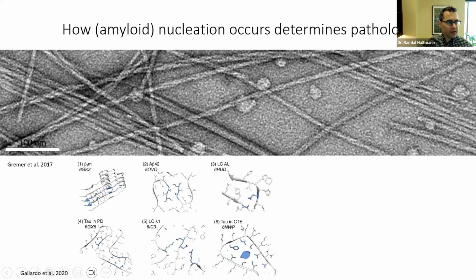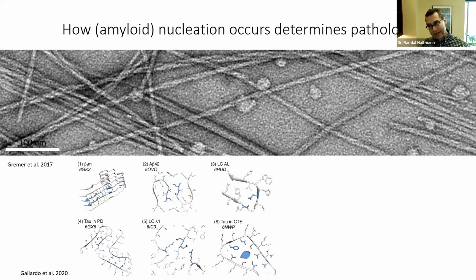And what's become clear, thanks to lots of breakthroughs in structural biology, particularly cryo-EM, is that different amyloids from patients, even of the same protein, can have very different structures, right? So it seems to be similar physiological conditions and the same sequence, and yet there's a different structure of the amyloid, and that structure is associated with a specific phenotype, a specific pathology of the protein.